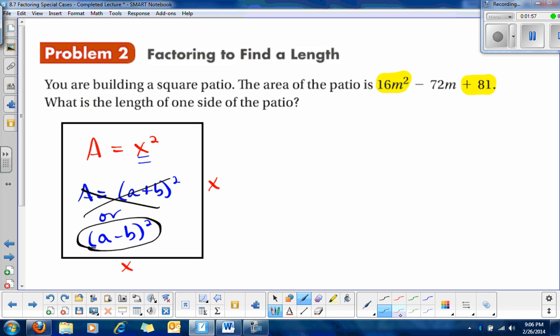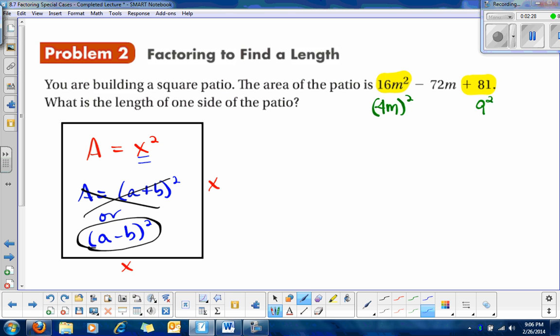For 16m squared, I can multiply 4m and then square that, and that gives me 16m squared. That is a perfect square. For 81, I can multiply 9 squared, and that's going to give me 81. So yes, we do have perfect squares for our A term and our C term.